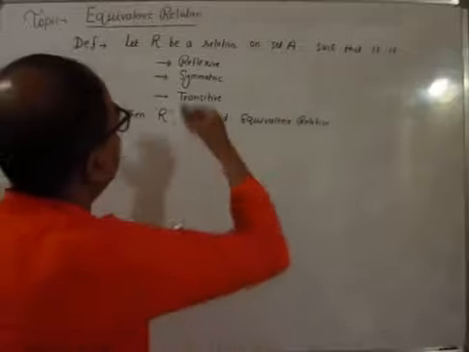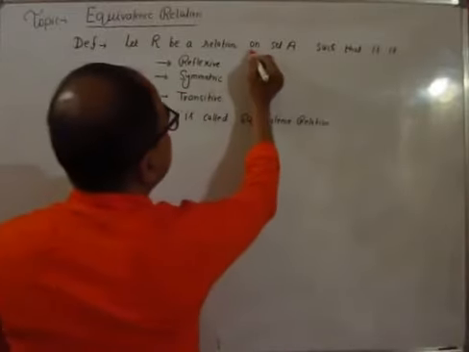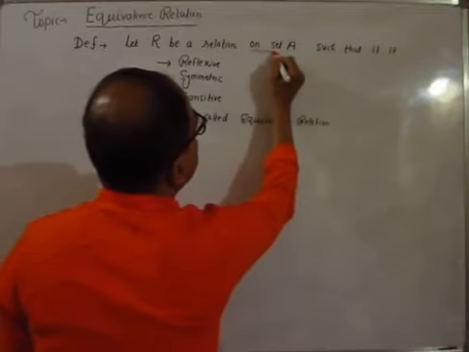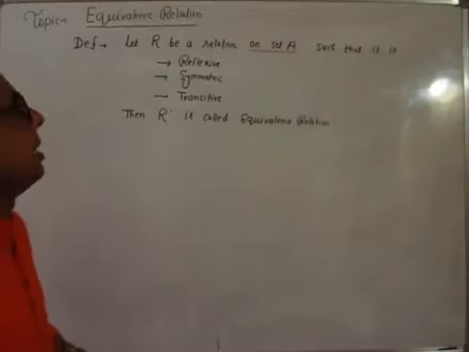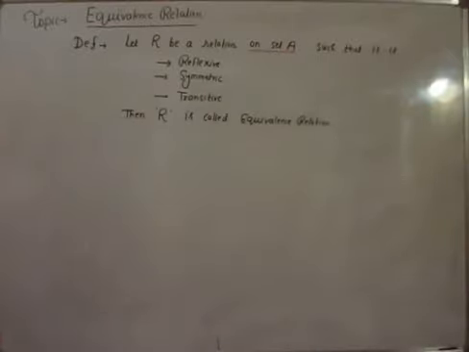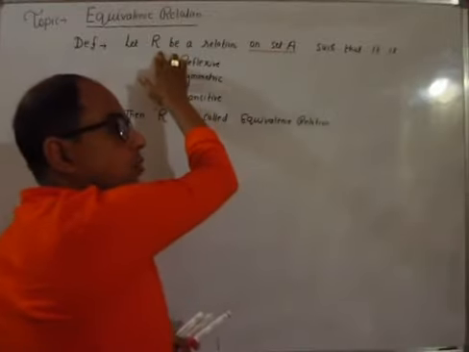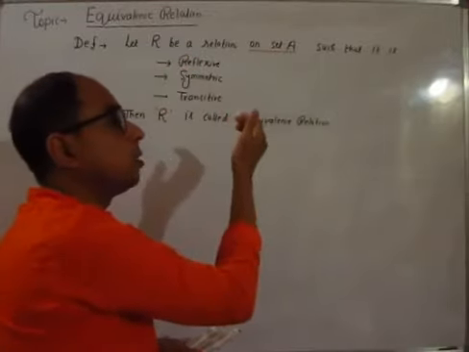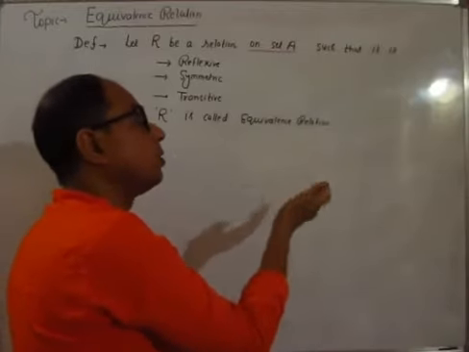R be a relation on set A. What is the meaning of on set A? See, on set A means R is a relation which relates element of set A with element of the same set A.